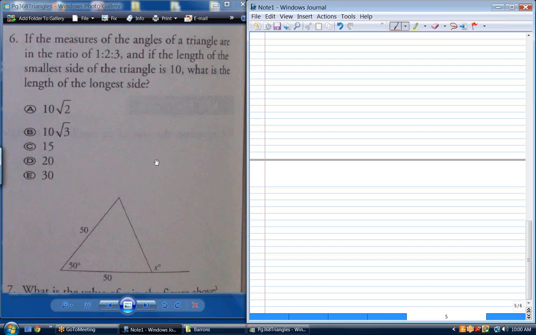Okay, so if the measures of the angles of a triangle are 1 to 2 to 3, of course my first inclination would be to say 30 because it's 3 times. Okay, notice what's going on here. They're talking about the angles, and then they're asking about the lengths. Angles are in the ratio of 1 to 2 to 3.